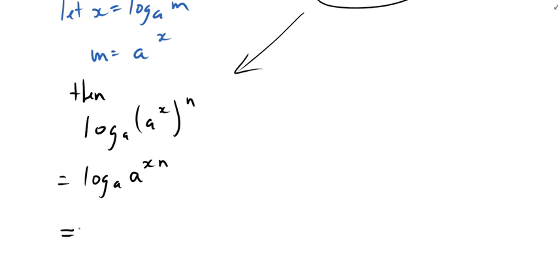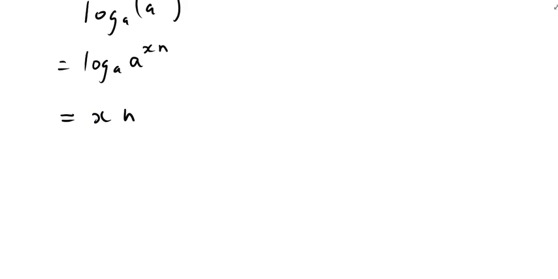So what is this equal to? Just x times n. Is that right? That's one of the ones we just did. Log base a of a to an exponent equals the exponent. Look back up the page a little bit if you're not sure about that part. And careful, this is a really tricky step. This equals n times x.